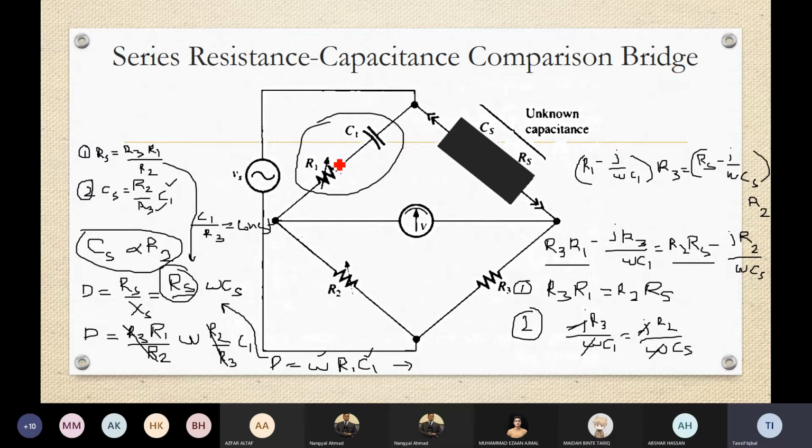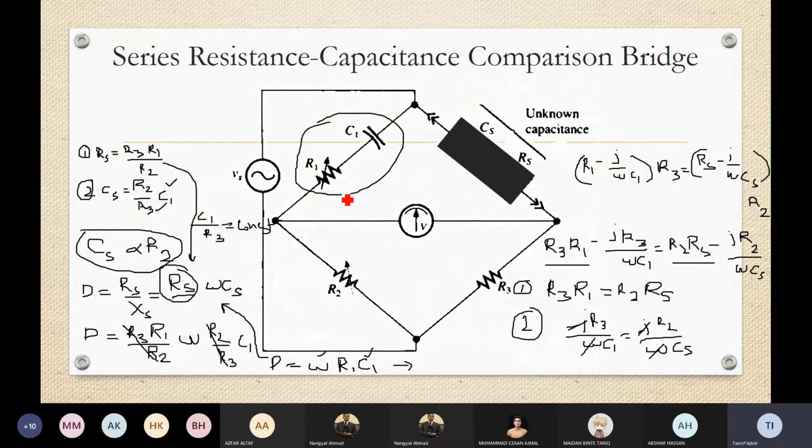So the requirement goes onto the pureness of the capacitance. Only then we can find out the unknown values. So using a pure capacitor, we are going to find the values of a not pure capacitor, or a practical capacitor, or a capacitor which is poorly manufactured, or a low cost capacitor.